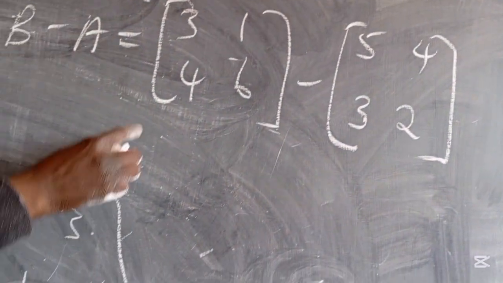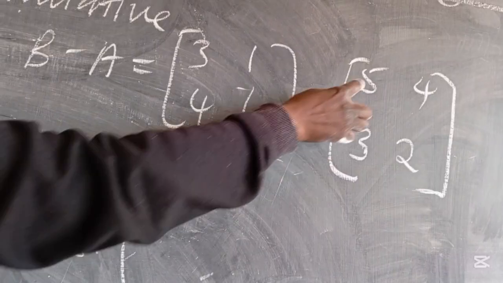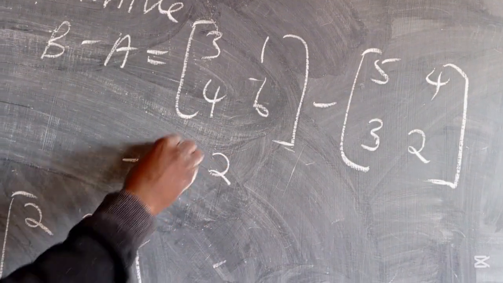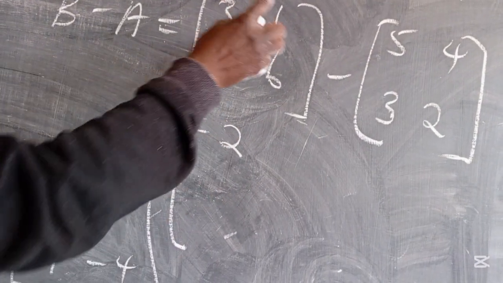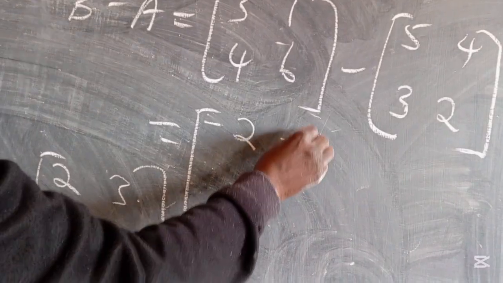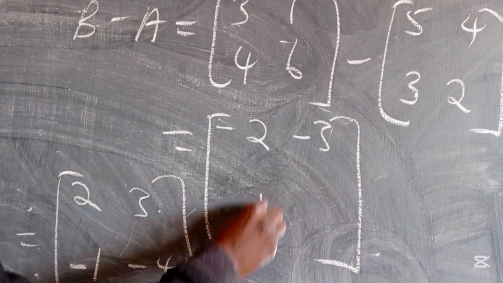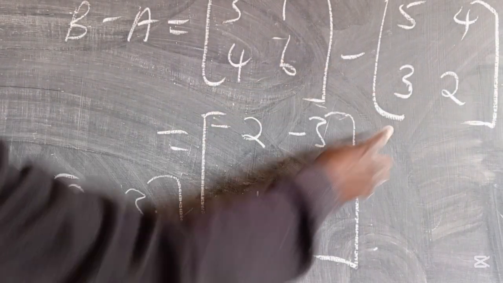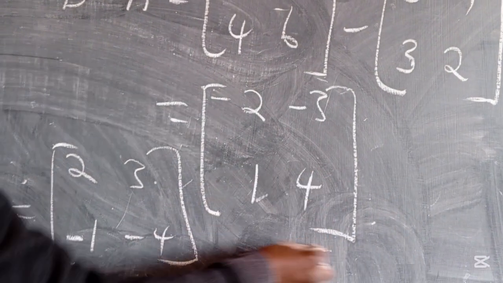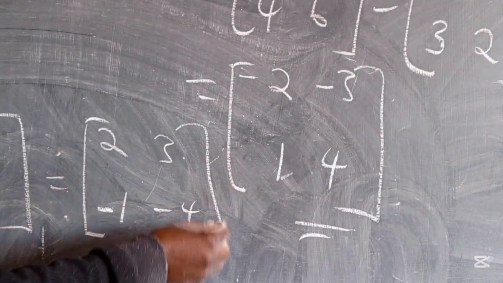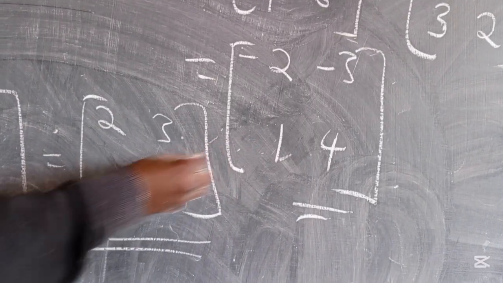So we start now. 3 minus 5, I'll get a negative 2. 1 minus 4, I'll get a negative 3. 4 minus 3, I'll get a positive 1. 6 minus 2, it will be a 4. You can see that these two matrices are not the same.